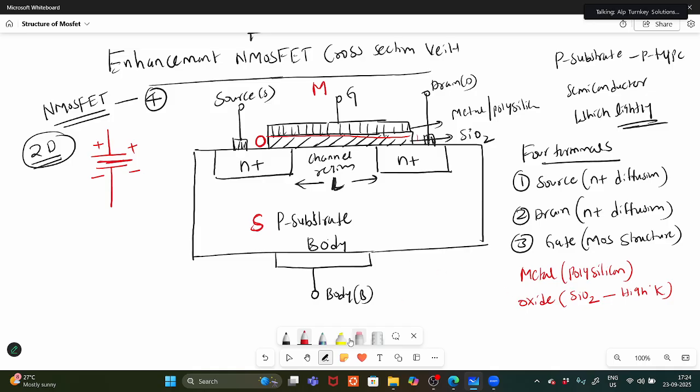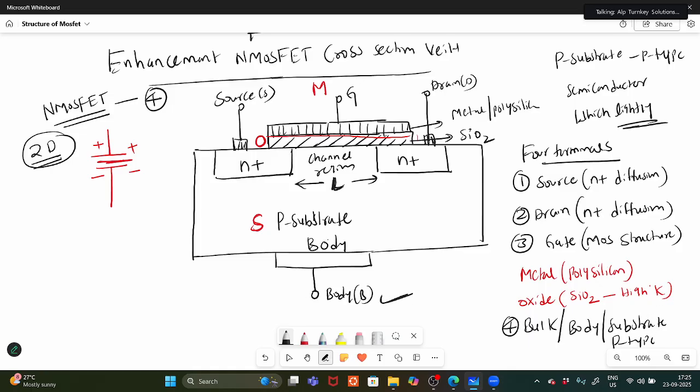And next you have bulk, which has three names: body or substrate. Bulk, body or substrate is a lightly doped p-type semiconductor.